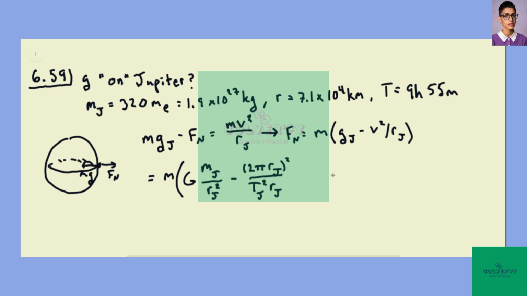We have the v squared. So this is going to equal the mass times the effective acceleration of gravity there.